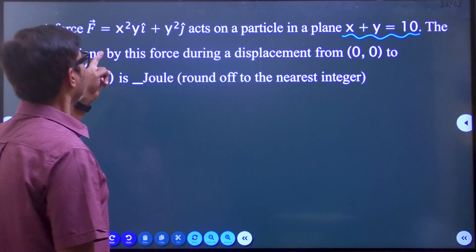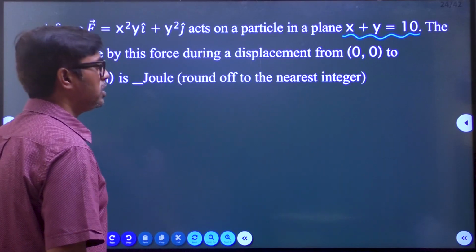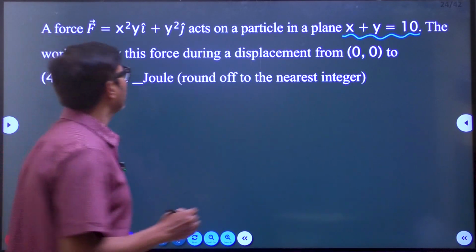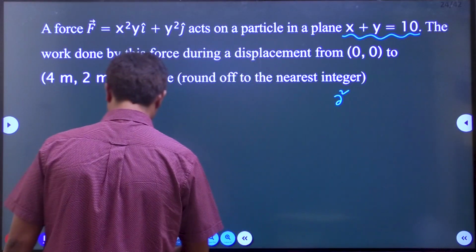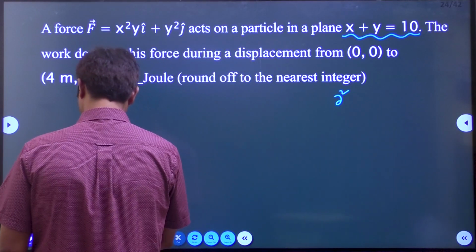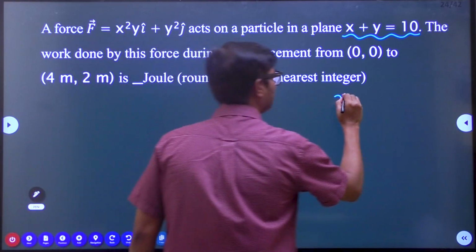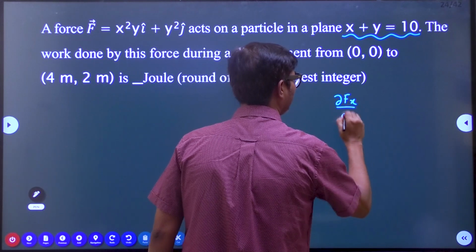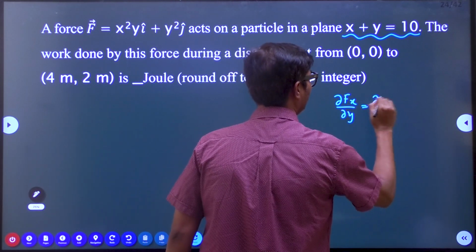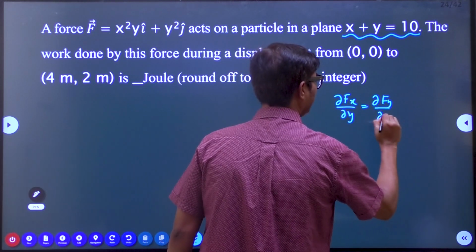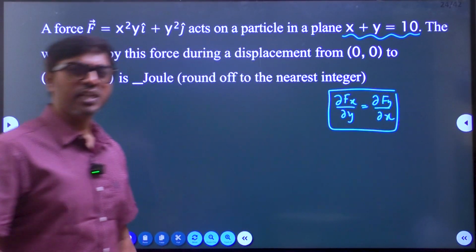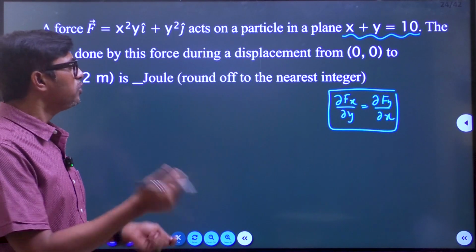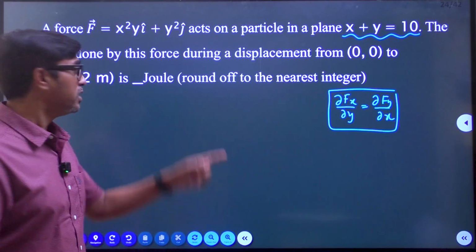To check whether it is non-conservative or not, you can use this idea: if dou fx by dou y equals dou fy by dou x, then it will be a conservative force. When it is a conservative force, you can take any path between the given initial and final point and you will get the same work done.